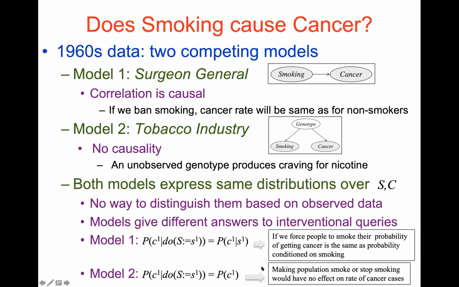The second one says, making populations smoke or stop smoking would have no effect on rate of cancer cases. So the two teams argued in this way that they have different models, that you cannot show causality between smoking and cancer, which is kind of surprising.